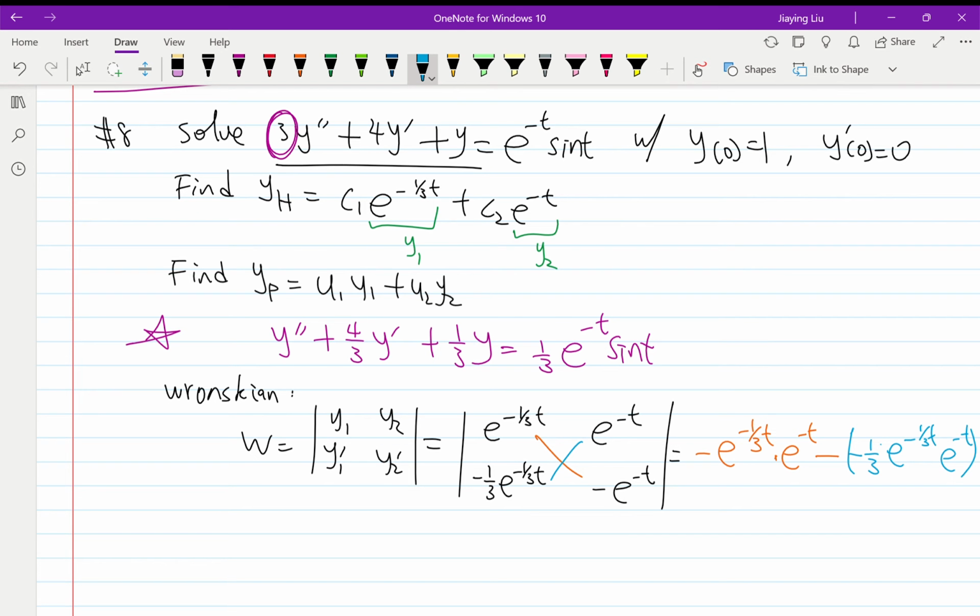And we can simplify this because this is e to the negative 1/3 minus 1, negative 4 over 3t. Same thing here, but the coefficients are slightly different. We have negative e to the negative 4 over 3t plus 1 over 3 e to the negative 4 over 3t.